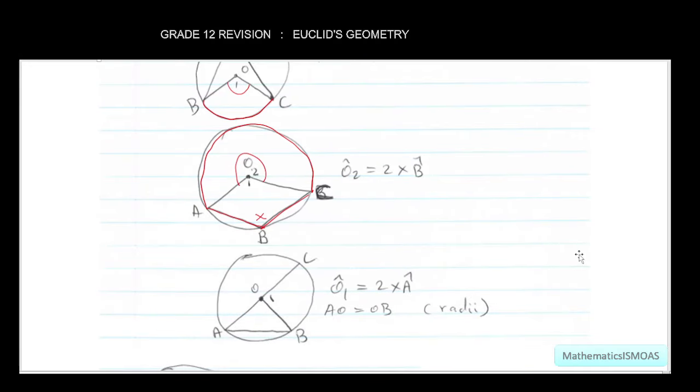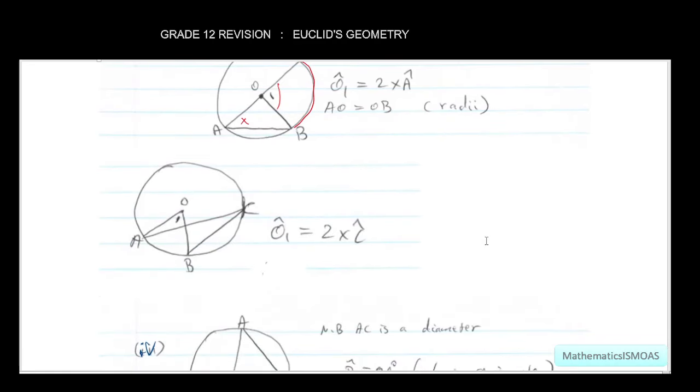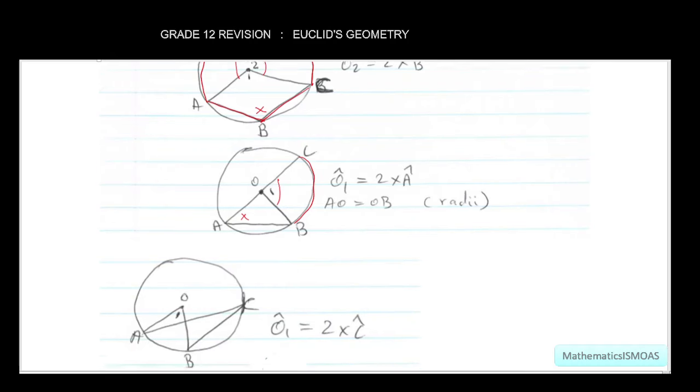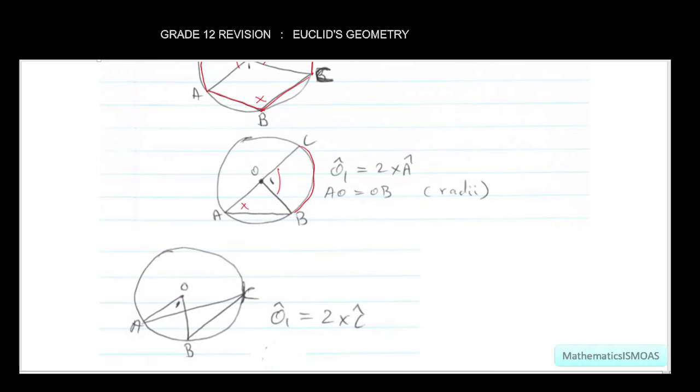And then also in diagram number 3, angle at the center is twice angle at the circumference. Angle O1 will be twice angle what? Angle A. Both angles are subtended by arc BC. And the last diagram, under number 3, we are also still having what? Angle at the center is twice angle at the circumference.